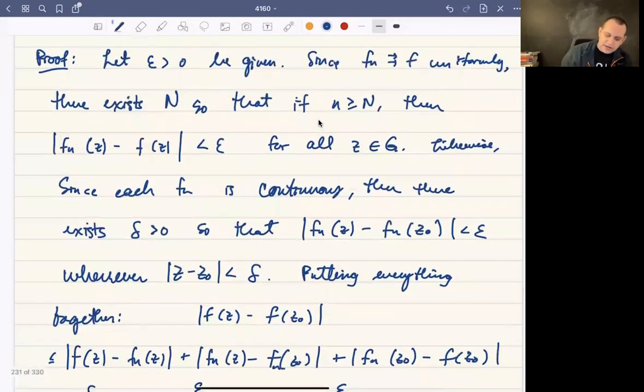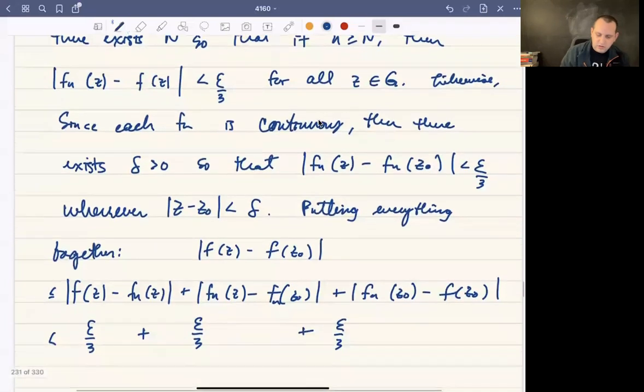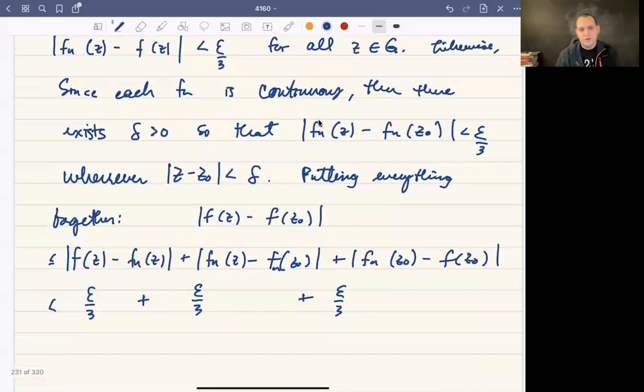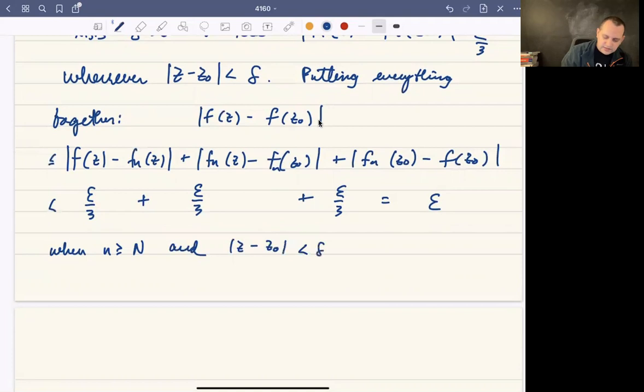And I should have actually changed this to epsilon over 3 earlier. The only reason to do that ahead of time is so that when you put it all together, everything adds up to epsilon. And this holds when little n is sufficiently large and, importantly, |z - z0| is less than delta.